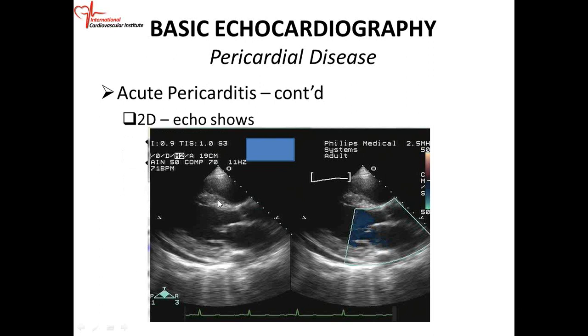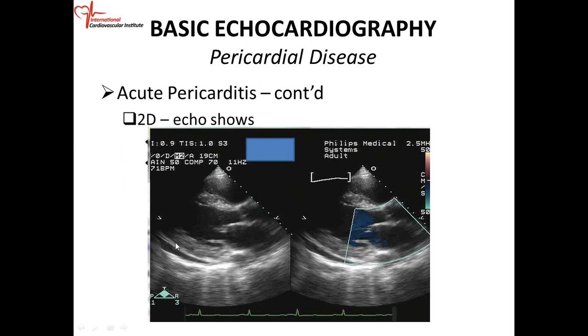So your right ventricle septum, LV cavity, posterior wall, and then down here you see something that you shouldn't see. Okay, so remember again, fluid is darker black. Remember that this is your descending aorta right there, left atrium, mitral valve, aortic valve.